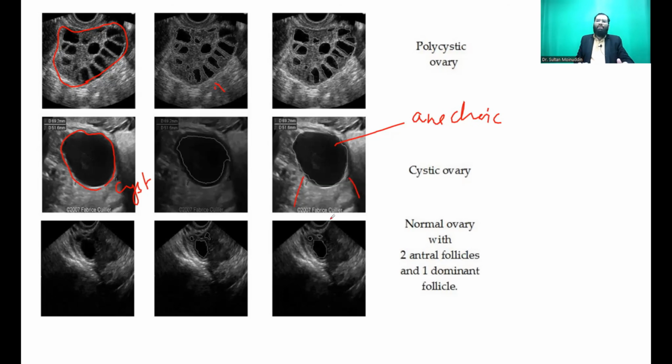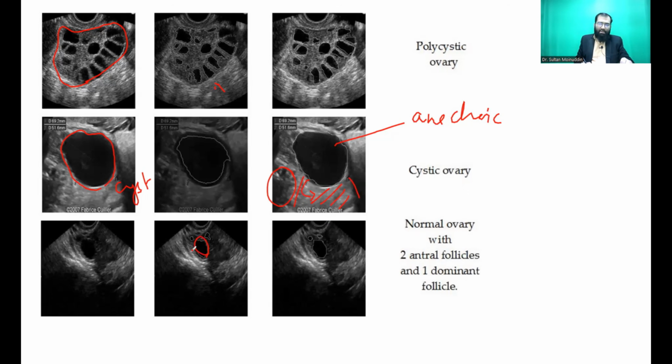What do you mean by posterior acoustic enhancement? If you compare this area with the area just posterior to the cyst, you are seeing that this is bright. So the area posterior to the cyst becomes brighter than the adjacent area. Look here, this is a cyst.